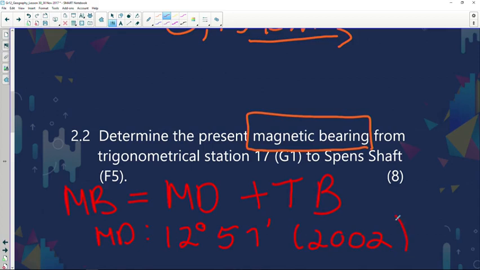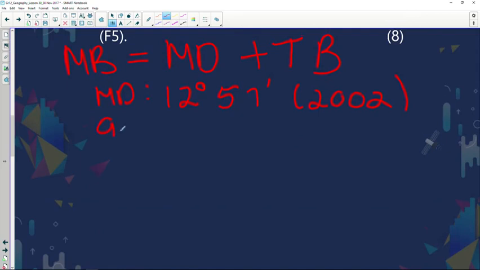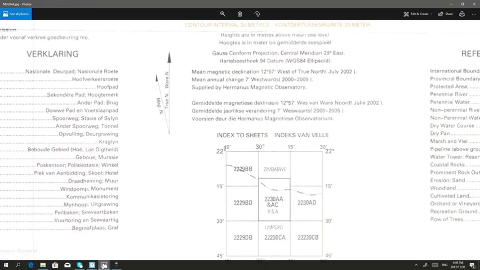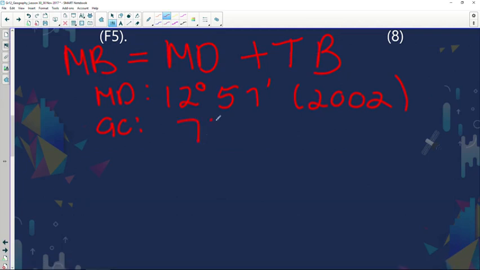Now the annual change, the yearly change, was 7 minutes west. And we know if we move west, what do we do? We add. Remember that. West we add, east we subtract. Now we need to go and calculate the present magnetic declination.